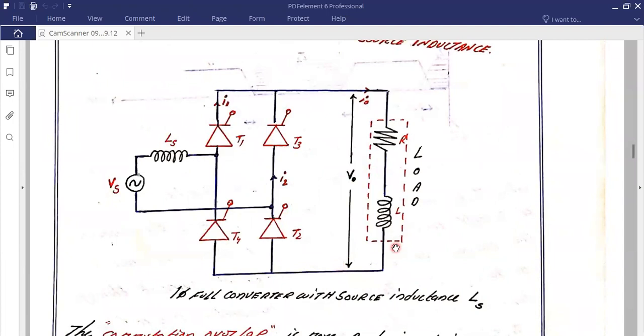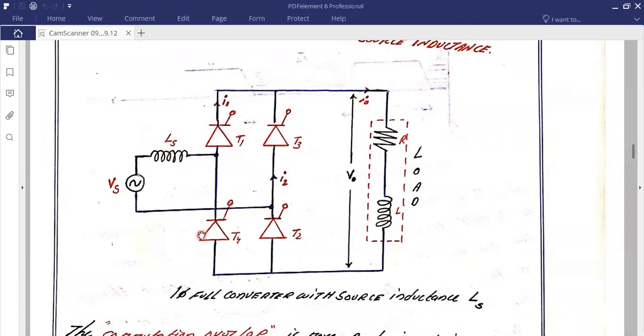So that means when you consider the continuous operation of the converter, the load current must transfer from one pair of devices to the other pair of devices. But when the converter is considered with an ideal source, the currents are going to be transferred instantaneously from one pair of devices to the other.